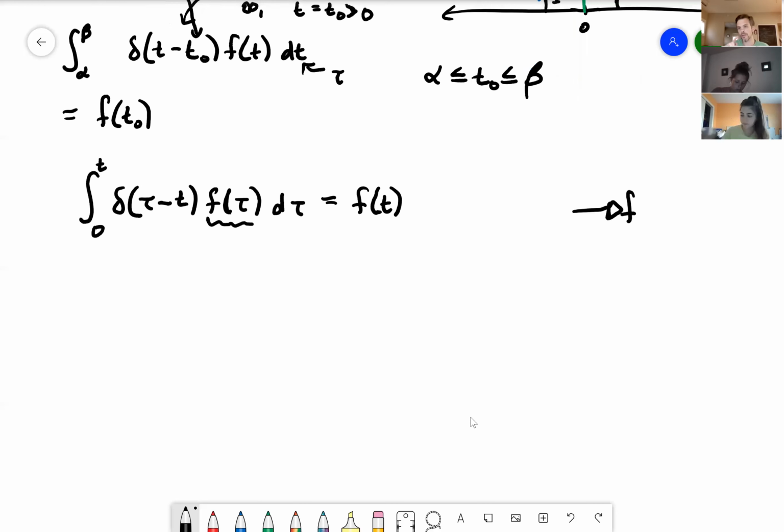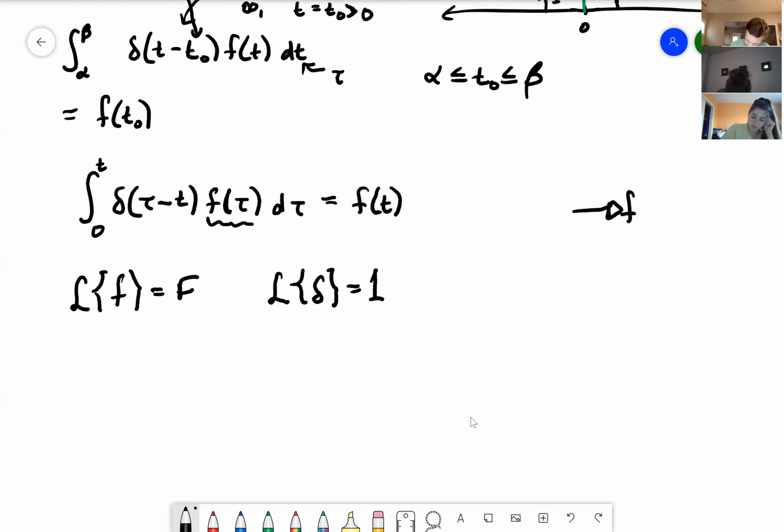And an interesting thing we'll note is that if we took the Laplace transform of, let's see, let's call the Laplace transform of f capital F, and the Laplace transform of delta we saw was 1.